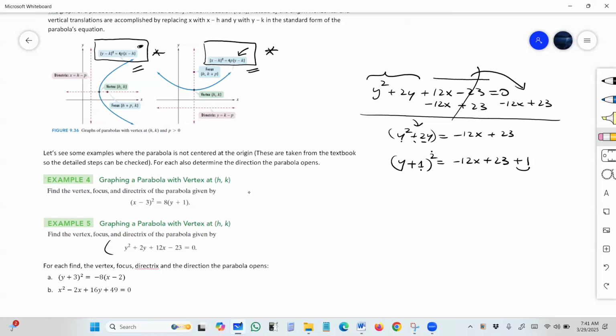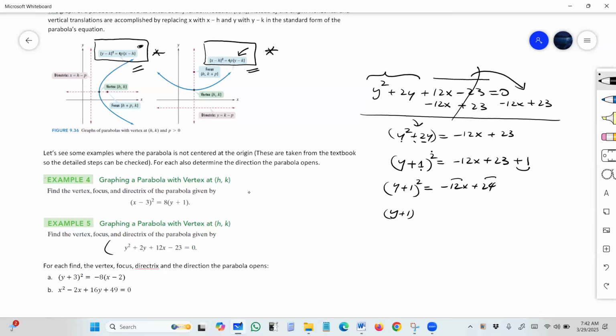Now, the left side of the equation is done. And 23 plus 1 is 24, so I have this. I have to factor a GCF out of here. So you factor the GCF first. Don't try to factor 4 because it gets too complicated.